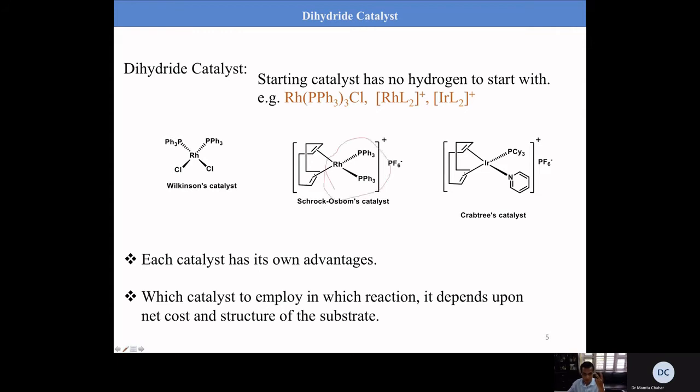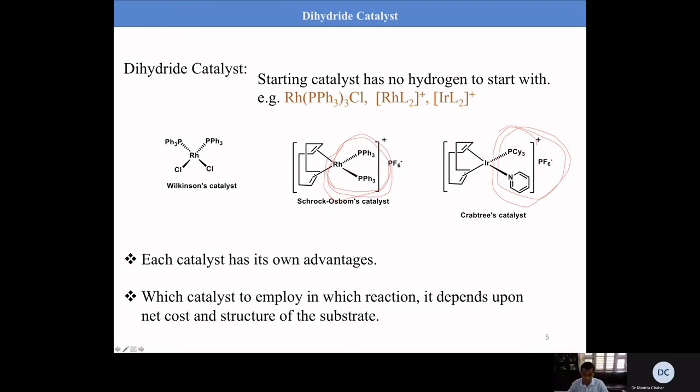So it's a bidentate ligand or bidentate system. You can see it is a pretty less crowded system. That makes it very easy to react with simple di-, tri- or tetra-substituted olefins, because the olefin can now coordinate with this metal very effectively. Steric bulk is out of the question.